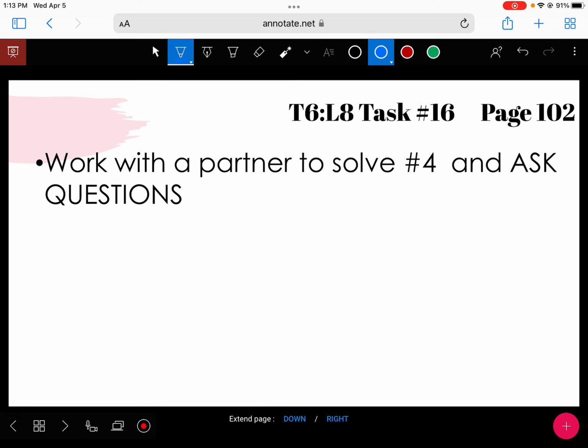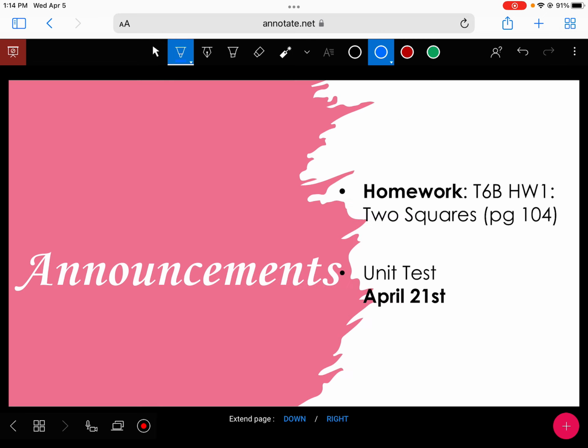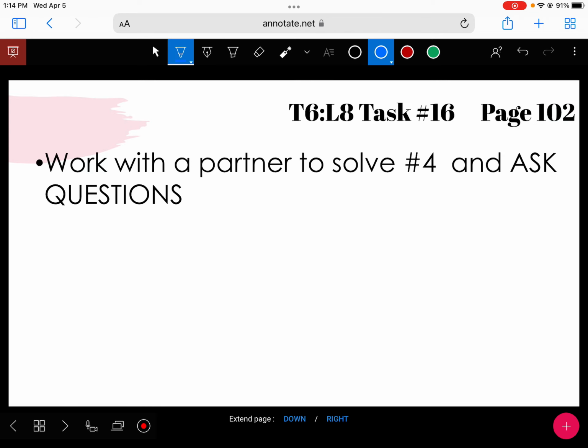So while you're working on that, I will write it down and see if you get the same kind of numbers in the right spots. So we have 3x squared.